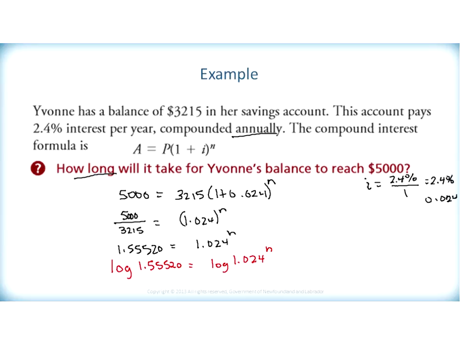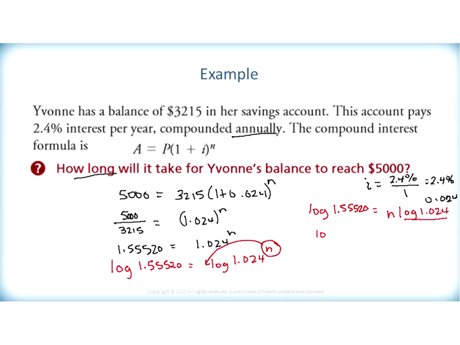Because of our laws of logarithms, the power law tells us n can come down in front and multiply by the log. This will give us log 1.55520 is equal to n times log 1.024.